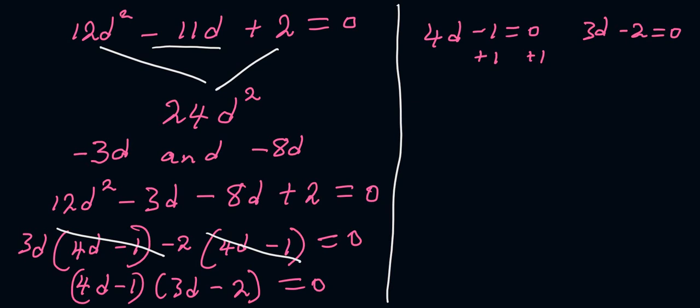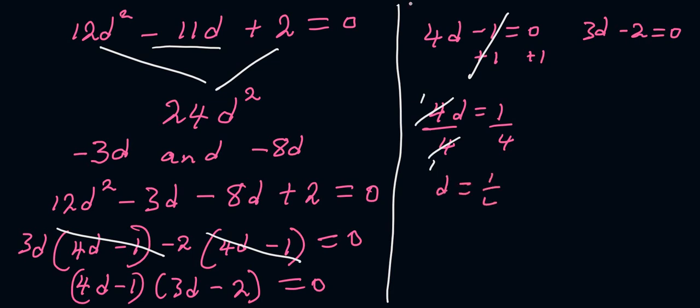Negative 1 plus 1 will cancel out, and now you are left with just 4d on the left side, and 0 plus 1 is 1. So now we can divide both sides by 4. 4 divided by 4 is 1. So now we have d equals 1/4.